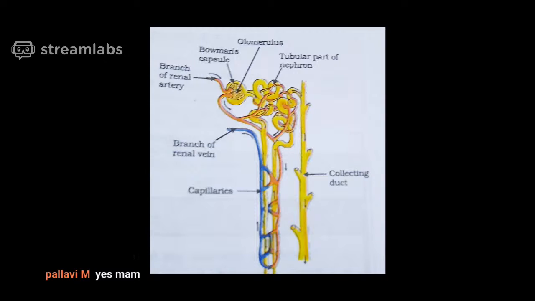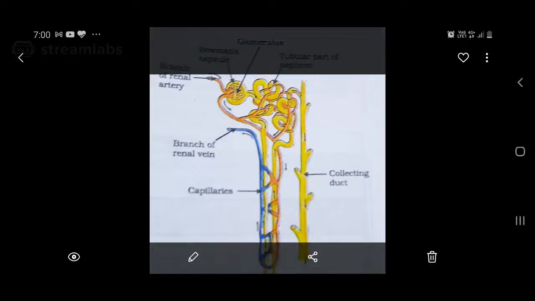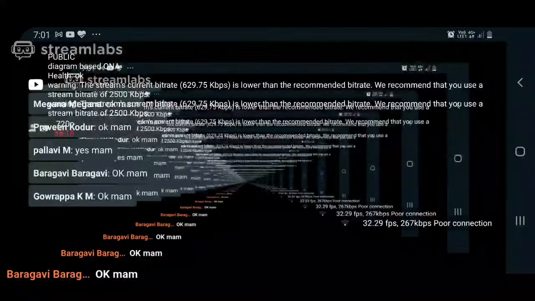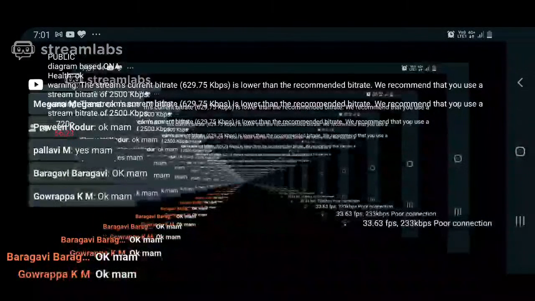It is the human excretory system. Excretory organ in humans. Okay, I'll repeat. Excretory organ which helps in excretion.